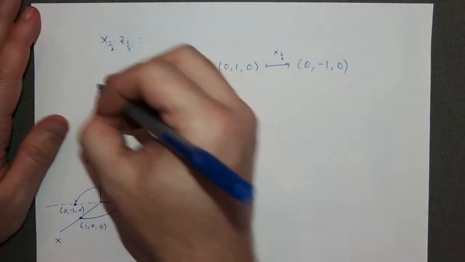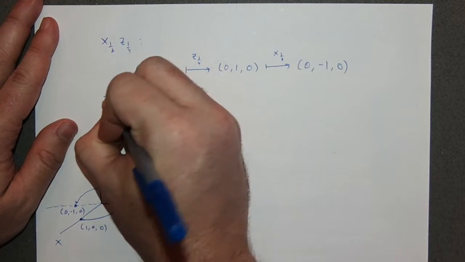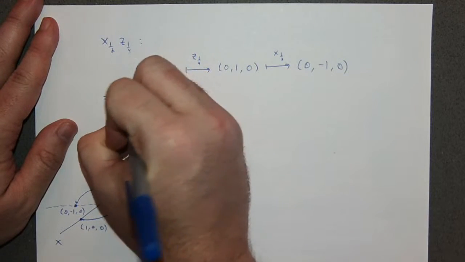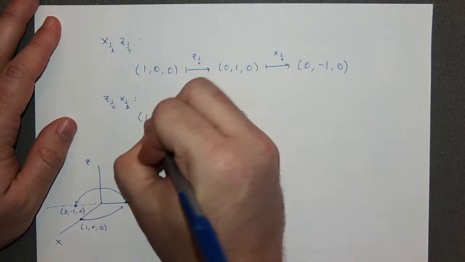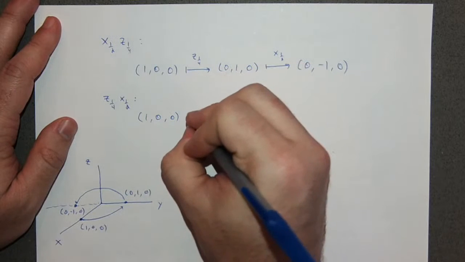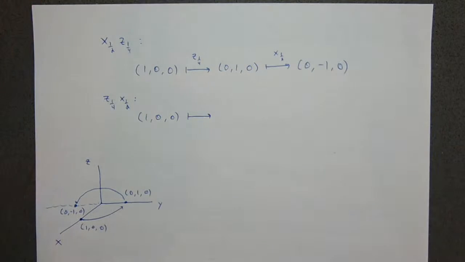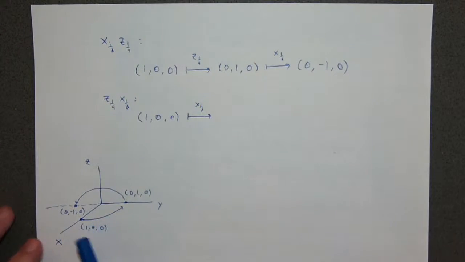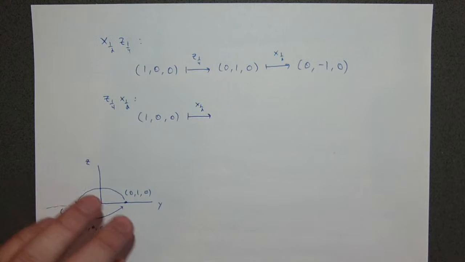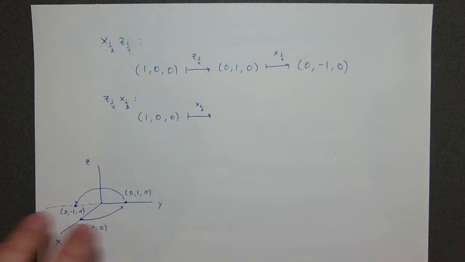Okay, so then let's see what happens when we do it in the other direction. Let's start with the same point, 1, 0, 0, and see where this gets sent by a half turn about the x-axis. A half turn about the x-axis sends this where? Well, we're on the x-axis. A half turn about the x-axis actually fixes that point.